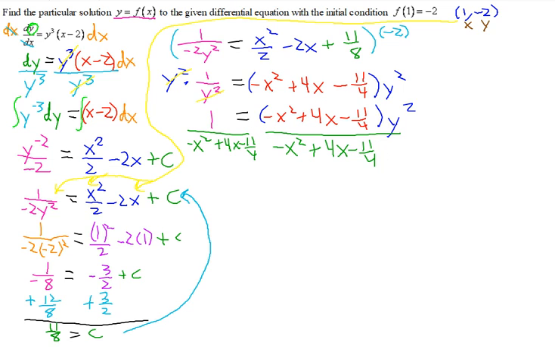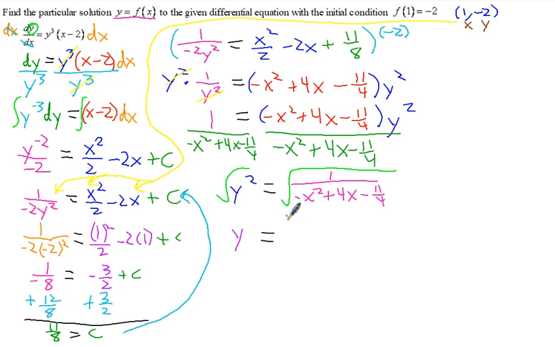Now I'll just switch the sides here, so then we'll have y squared equals 1 divided by negative x squared plus 4x minus 11/4. Then, to get rid of the squared, you would take the square root of both sides, and we'd end up with y equals, and remember when you take the even root of both sides, you first need plus or minus out in front.